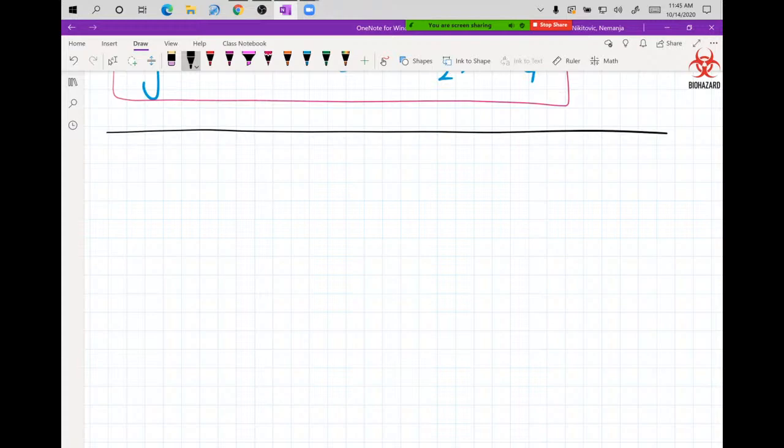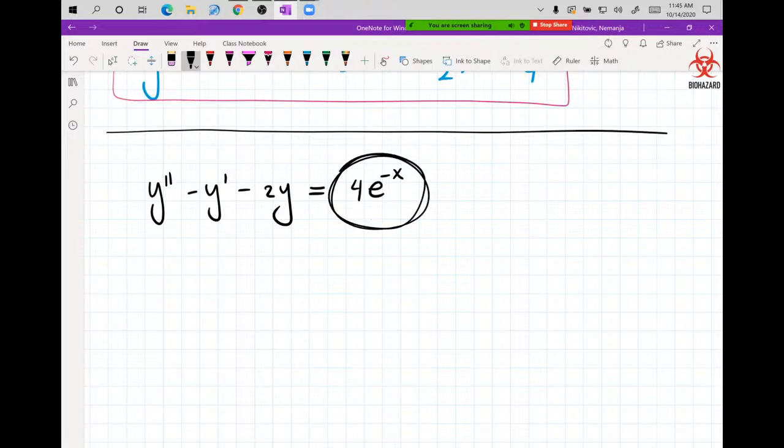So let's say you have the same problem as before: y double prime minus y prime minus 2y equals, and over here I'm just going to say 4e to the minus x. There are only two cases I can pick here that would make our life miserable, e to the 2x or e to the minus x, because those are the solutions on this side.